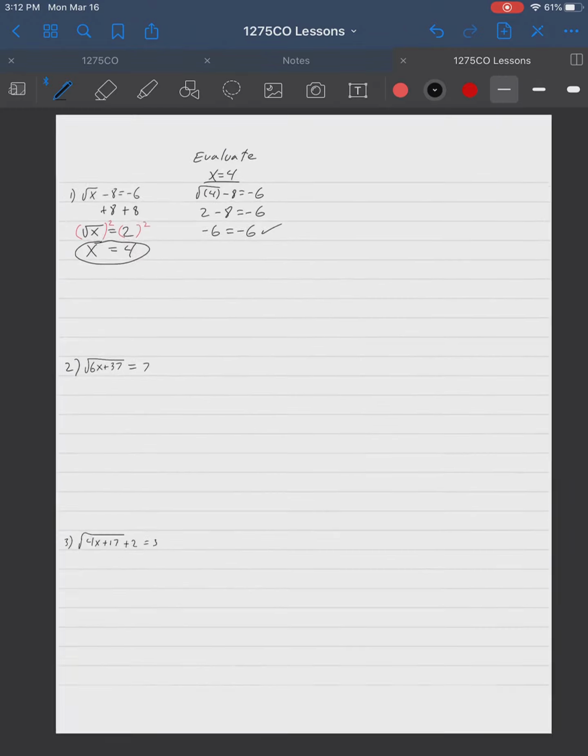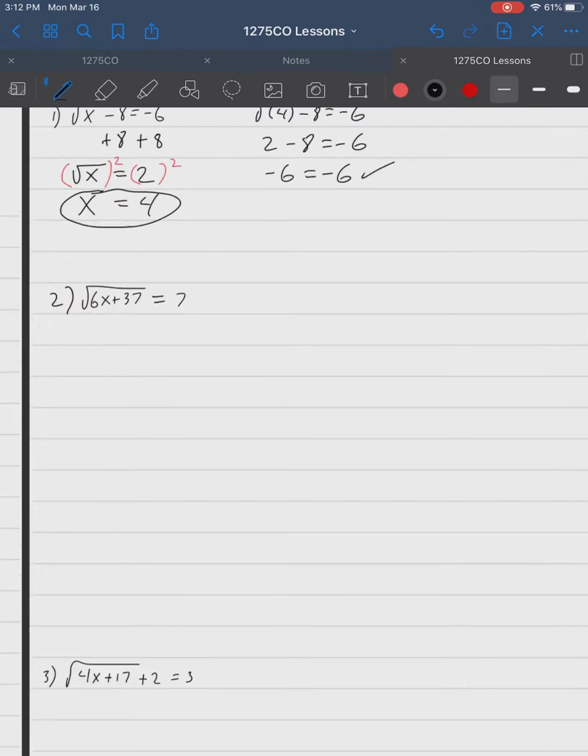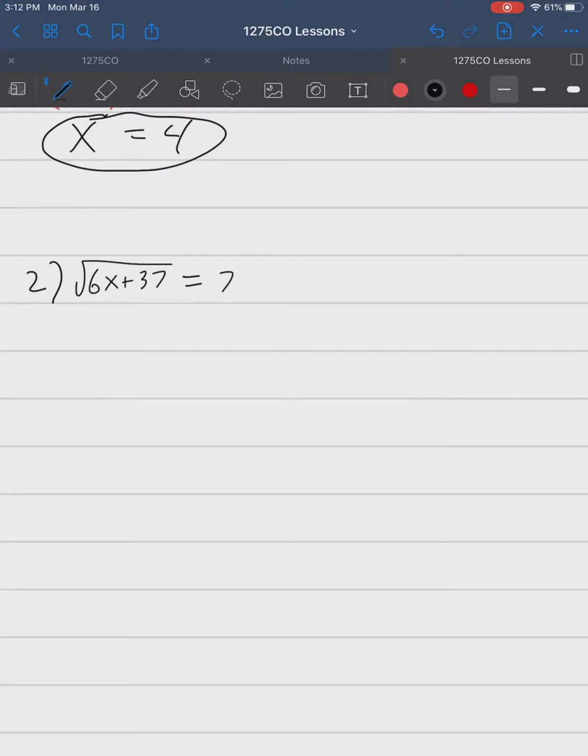Let's look here at number 2. Let's move this up and give ourselves a little bit more space. Number 2 says the square root of 6x plus 37, and that's equal to 7. Notice that the radical is already isolated, right? It's already by itself. So now we can jump ahead to squaring both sides of this equation.